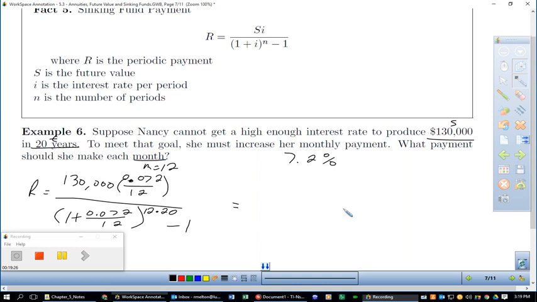So let's see. That is going to be the fraction $130,000, parentheses, 0.072 over 12, all over parentheses, 1 plus 0.072 over 12 to the 12 times 20, minus 1.